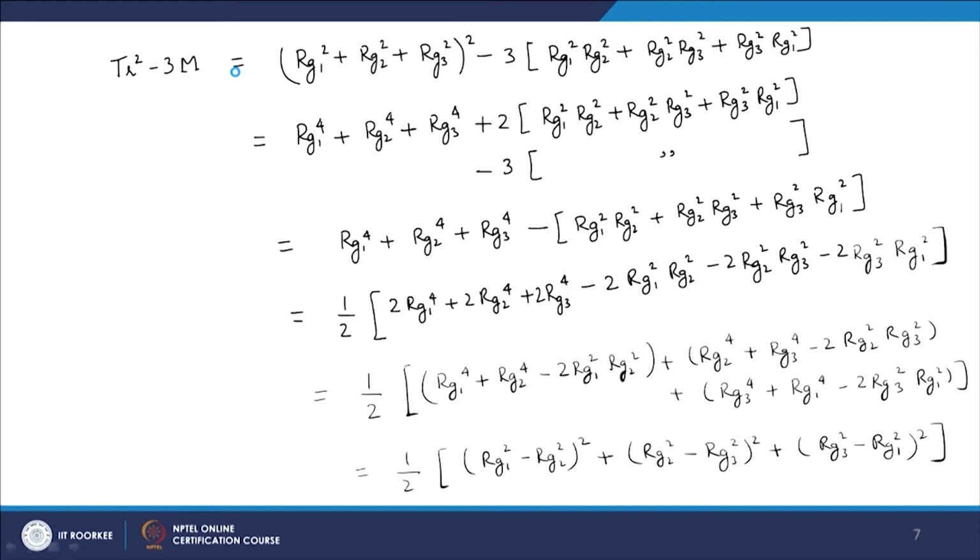And this I can now write as trace square minus 3m is equal to one by 2 sum over i greater than j Rgi square minus Rgj square whole squared, okay, where i, j vary from 1, 2 and 3.